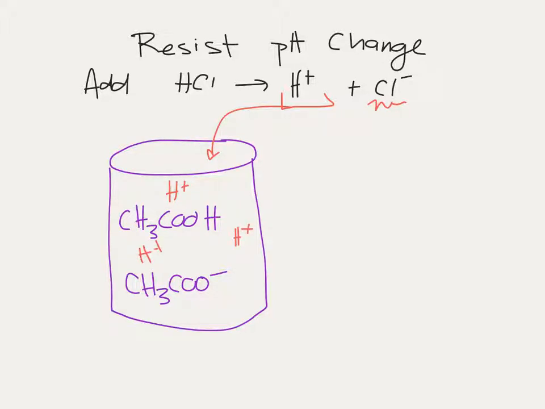If you're thinking that pluses are going to be attracted to minus things, then you have the right idea. The acid is going to remove some of the weak base from solution, which consequently makes more of our weak acid.